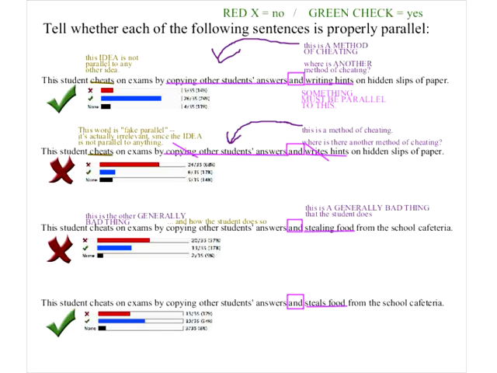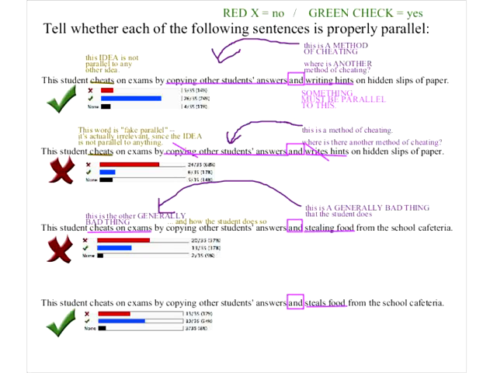But the two things of equal priority here are cheats on exams and steals food, and so these are the two things that should be parallel, because these two are equal priority. These are the main activities, and that's a sub-activity.